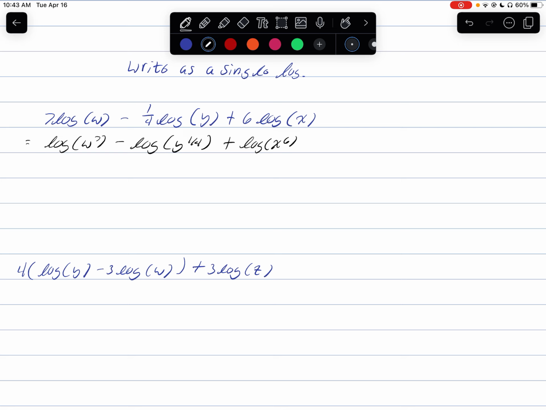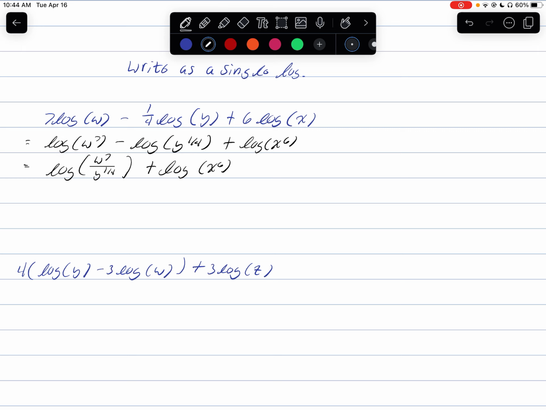So if we do these first two terms here, we have log w to the 7th minus log y to the 1/4. So we can just do straight quotient rule, and that's going to give us log of w to the 7th over y to the 1/4 plus log of x to the 6th. So then we're just going to have the product rule here.